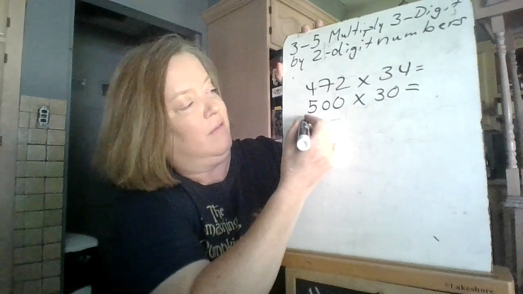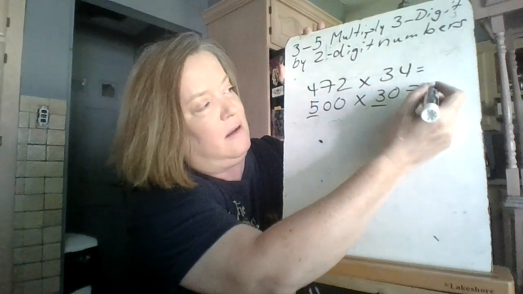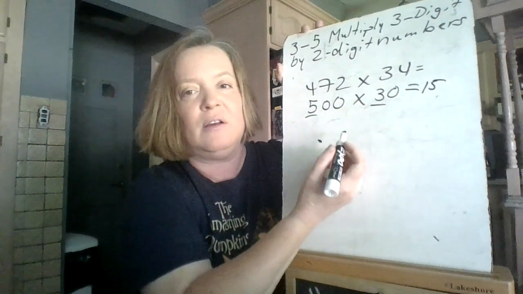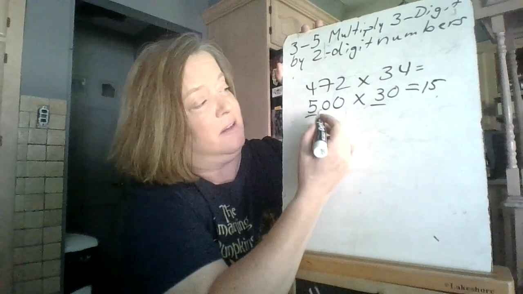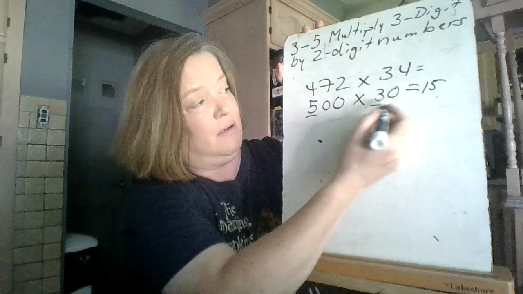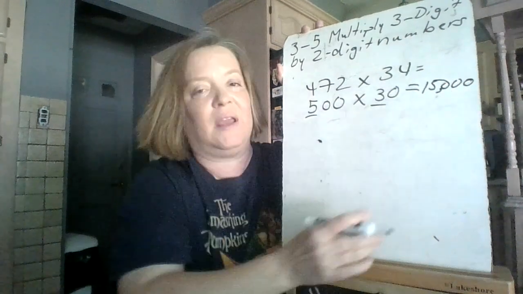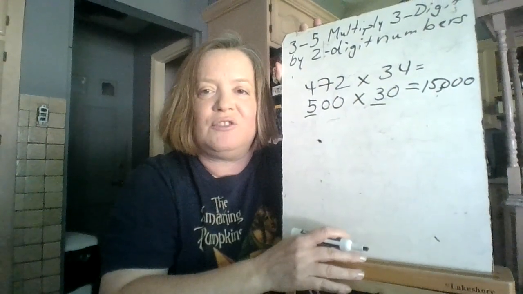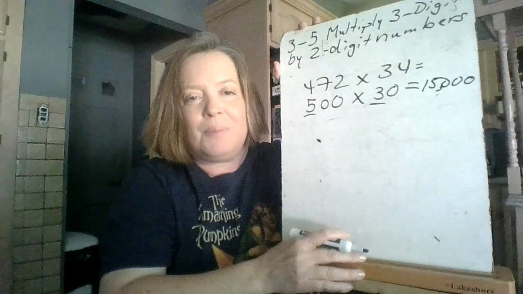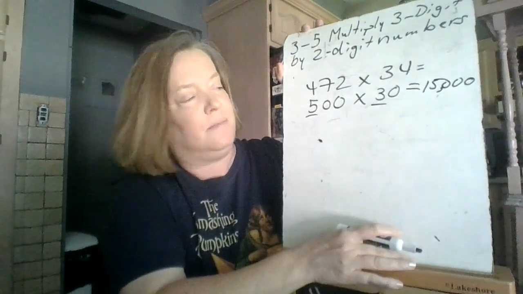So 5 times 3 is 15, and I'm going to add 3 zeros here to my product because there's 3 zeros between these two factors. 1, 2, 3, comma before me. So my answer to 472 times 34 should be in and around 15,000.